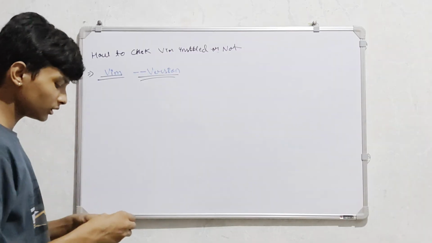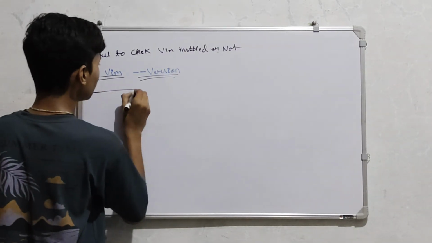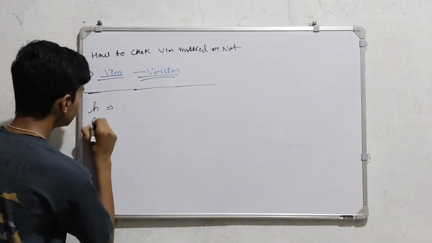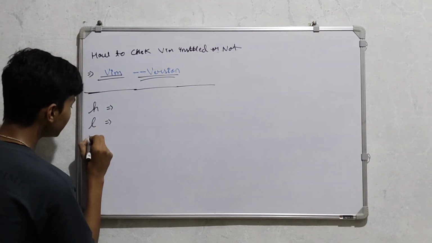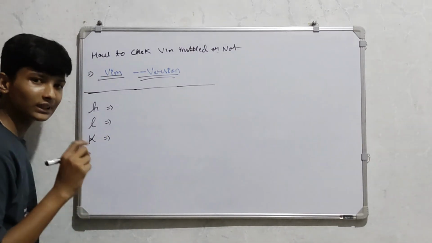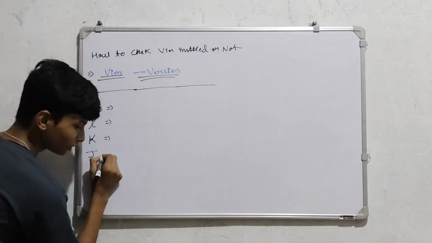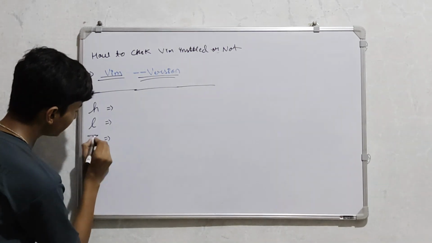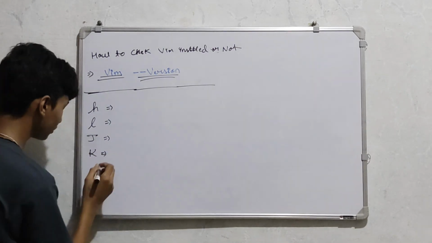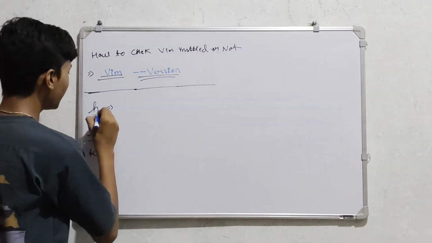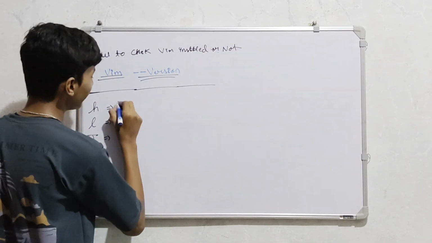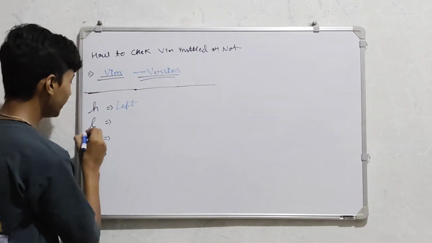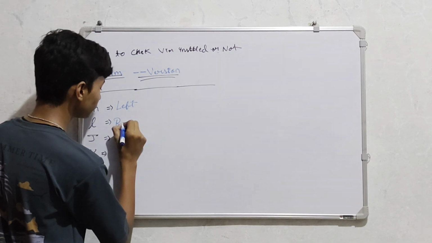Then how to move the cursor quickly in Vim editor. There are 4 keys to move the cursor. First is H, second is L, third is J, and fourth and last one is K. With the help of H we can go to the left side. With the help of L, right side.